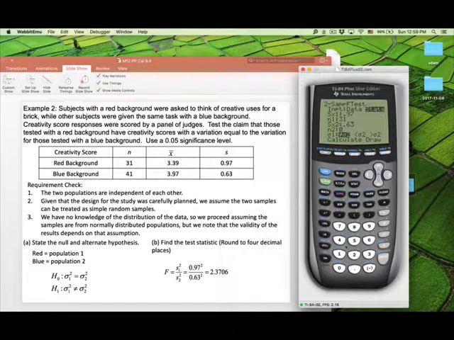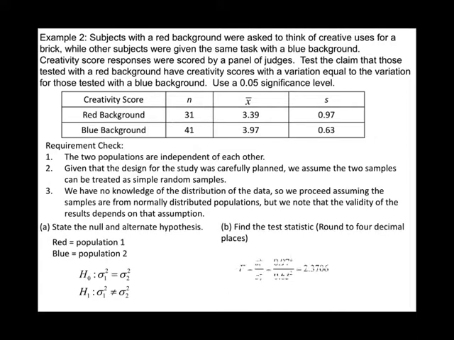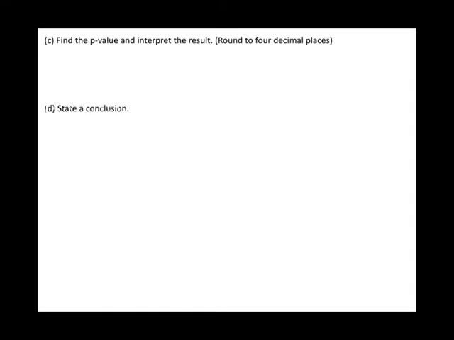Sample size, that will be 41. And then we have not equal to. So calculate. So your p-value will be 0.0111. Okay, so it's 0.011. So compare with your significance level, that'll be less than, so it's going to be reject.